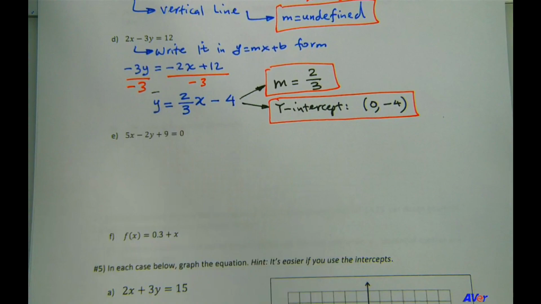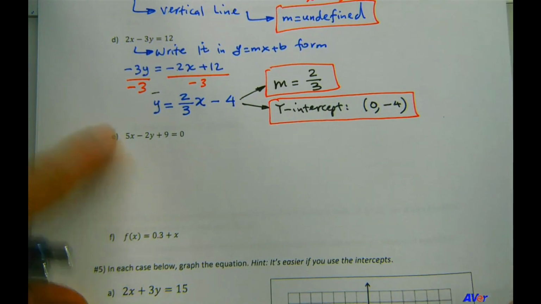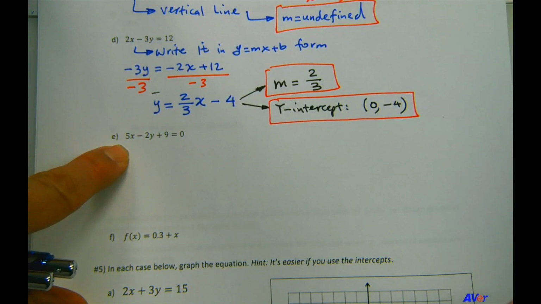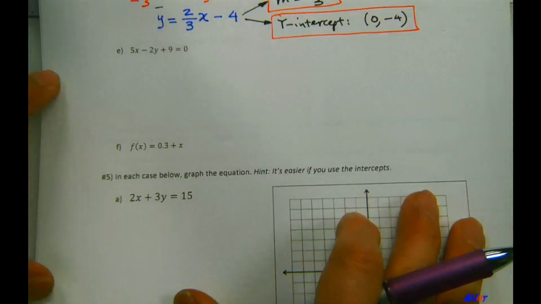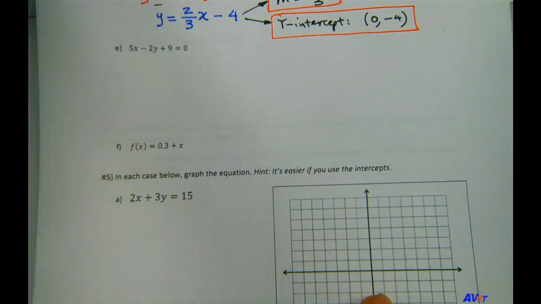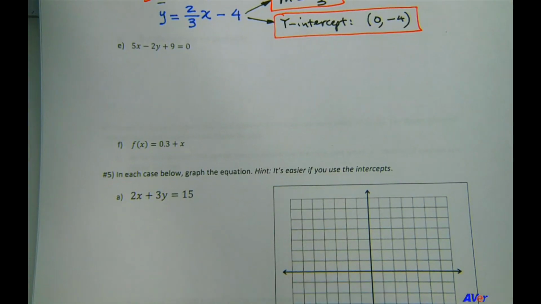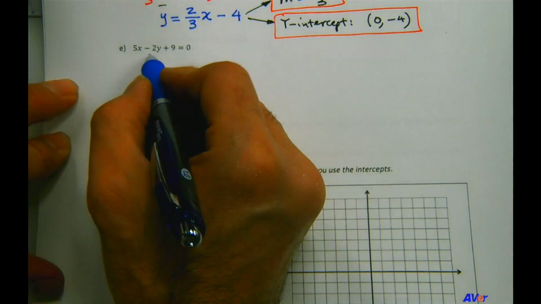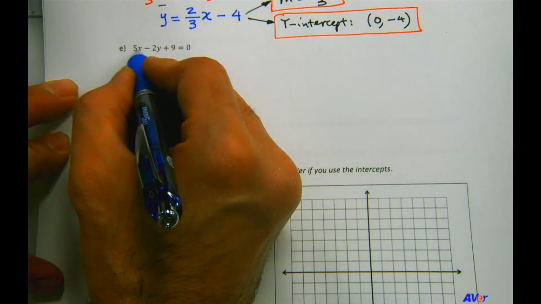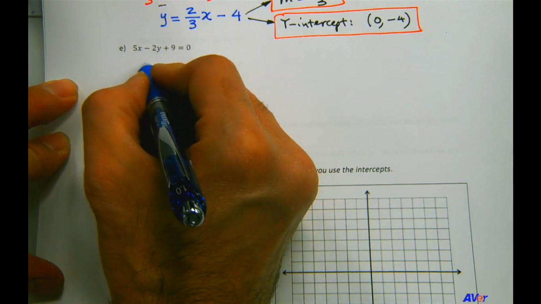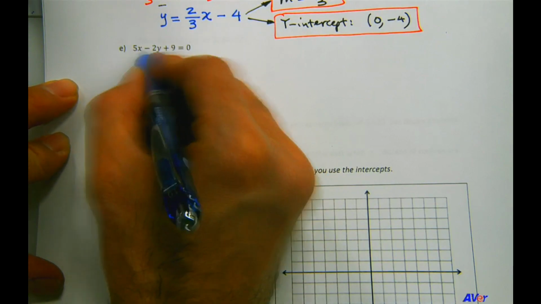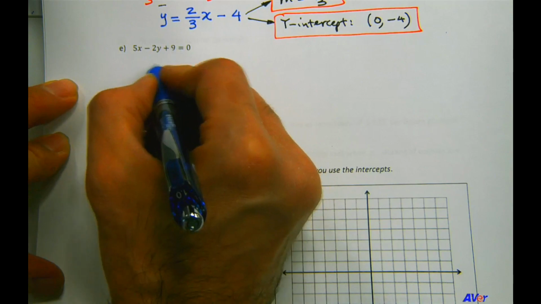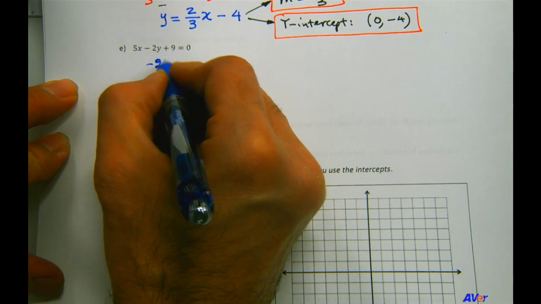Okay, so this one. Go ahead and pause the video if you haven't done that already, that is, solve this problem, find the slope and intercept, and then come back to the video. I'm assuming you've done that. So the first thing I would do is move the 5x to the other side. It's positive on this side; when I move it to the other side of the equality symbol, it will be negative 5x.